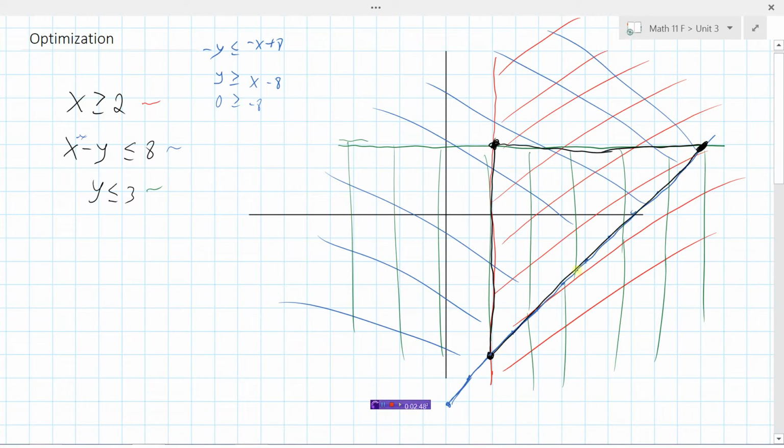So this would be the triangular region where all of these points in this little triangle would represent values that would work in these inequalities. Now let's say that I had another function t, and I wanted t to equal 2x plus 5y.